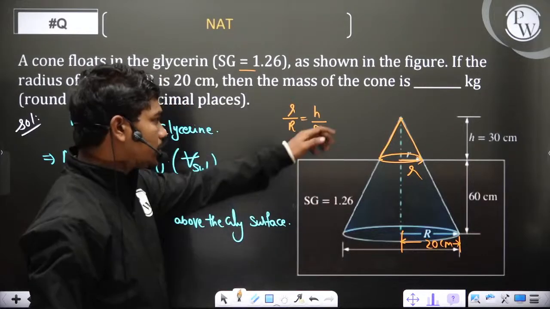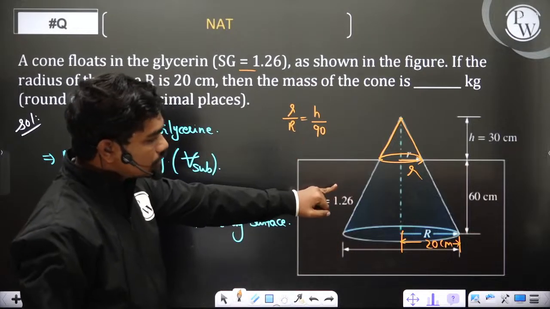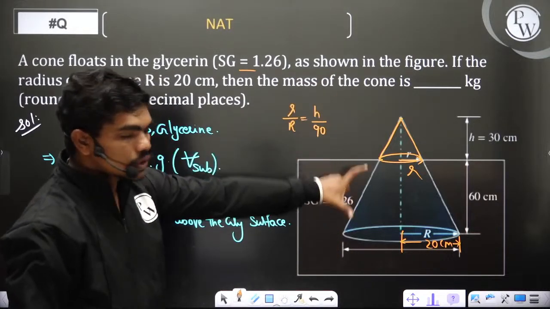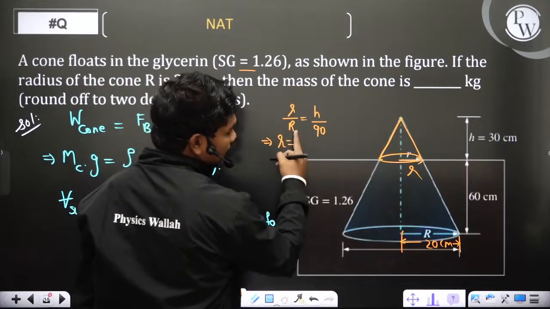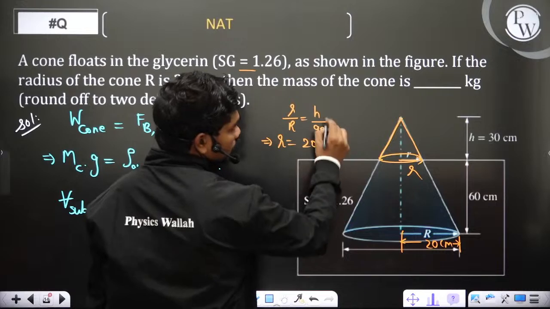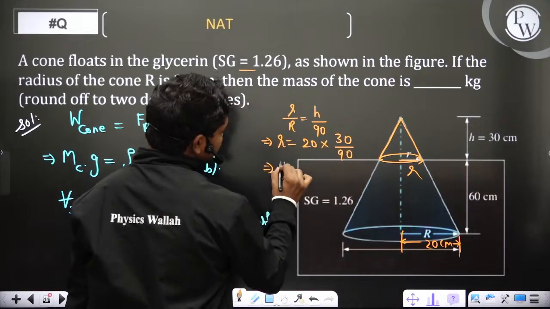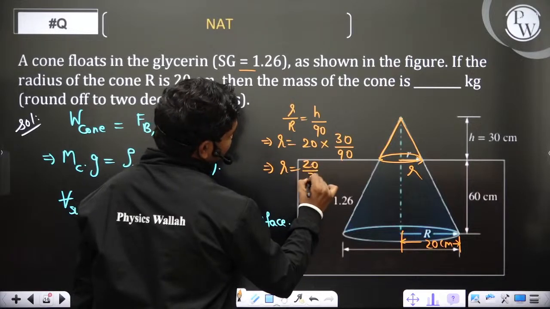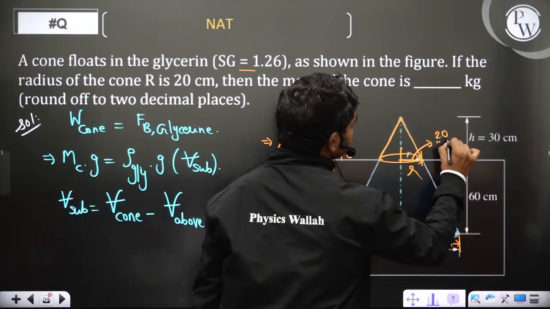Of course h also we are putting in centimeters, so I am not converting units. So small r is equal to 20 into 30 by 90. So this radius is going to be 20 by 3 centimeters. Means the radius at this particular point is 20 by 3 centimeters.